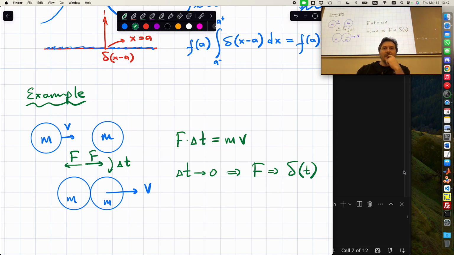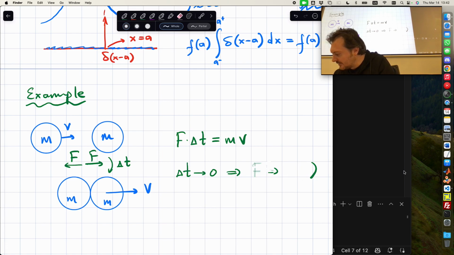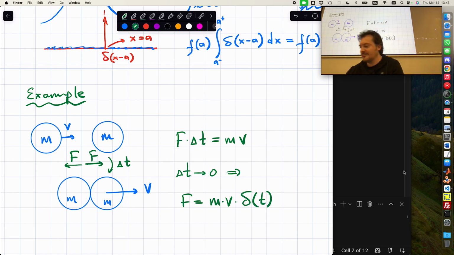Does it make sense? Of course, this time you are going to say, okay, t times delta. Exactly. F is approaching m times v times delta t. Now it's better. Sorry. So if you integrate over the time, because if you integrate, you are supposed to get m times v, right?